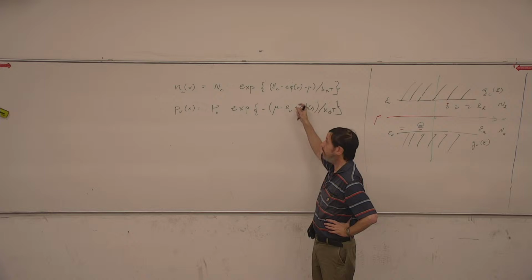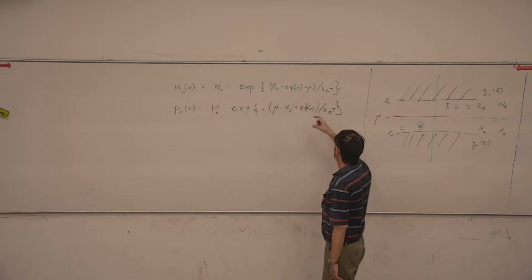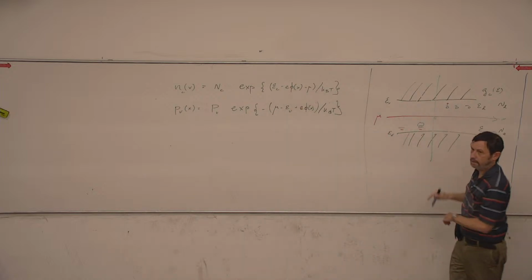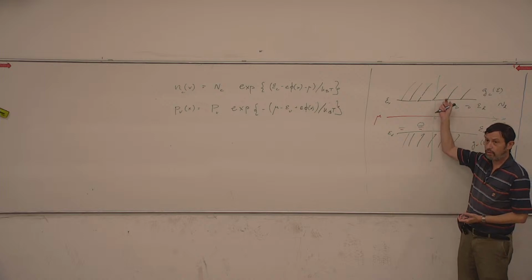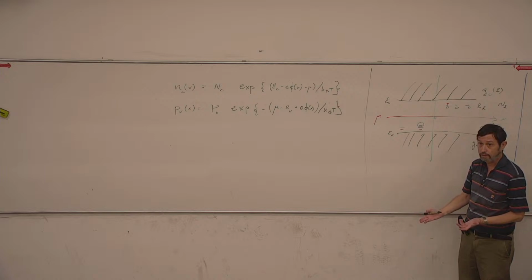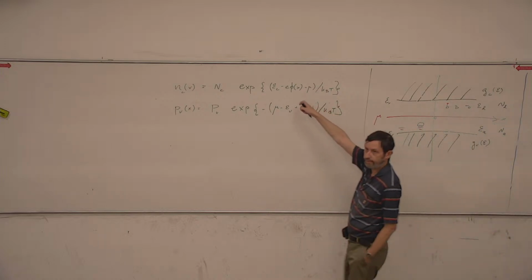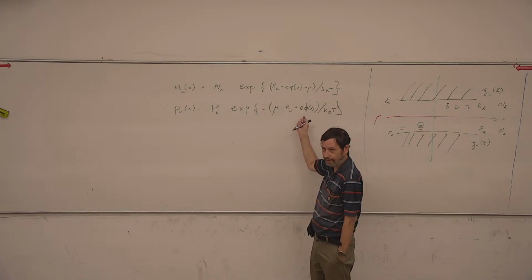But now I have to take into account that moving an electron, because of this physics, could also cost me moving it in an electric field. So this is phi of x. I didn't say what it is, and I'll have to determine it.